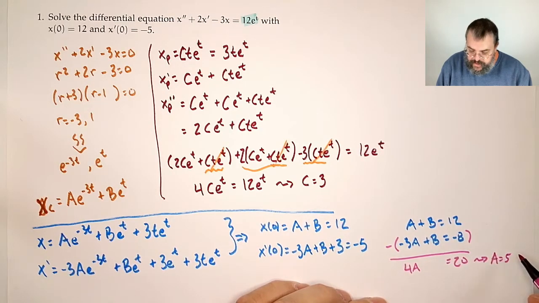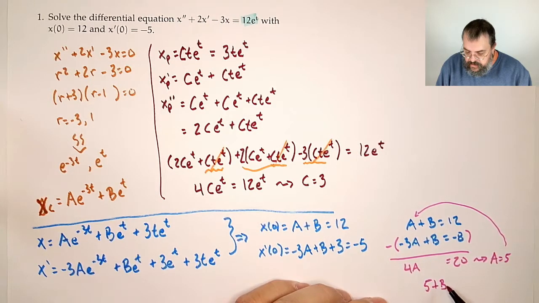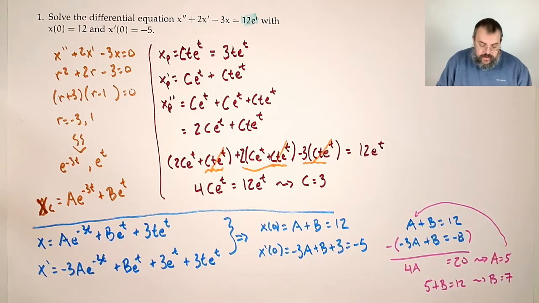Once you know a equals 5, plug it in. 5 plus b is going to equal 12. So that says b has to equal 7. And so now we know our a and we know our b, and therefore we know everything. And so the last thing to do is to write down our final answer.